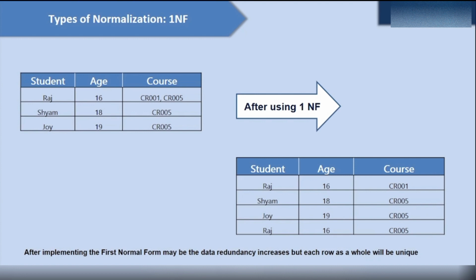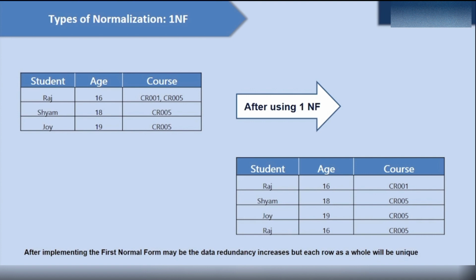The first row will contain the first course he has enrolled for, and the second row will contain the second course he has enrolled for. You can see your table has changed after using the 1NF concepts, that it has 2 rows for Raj.